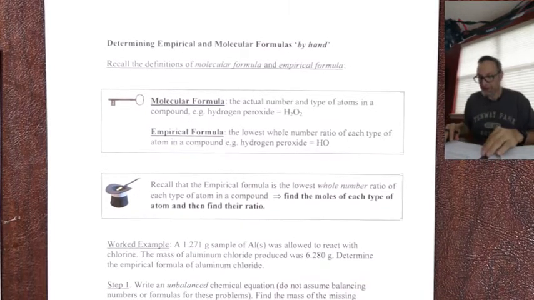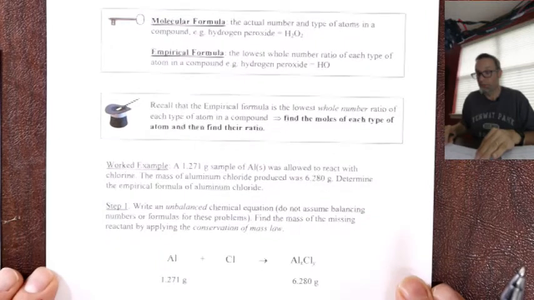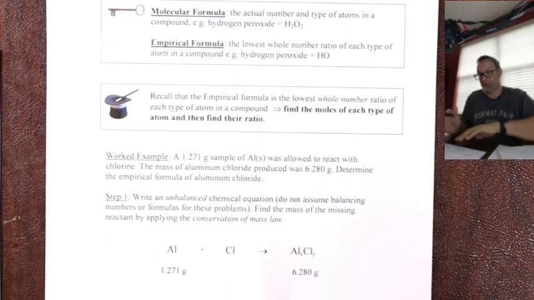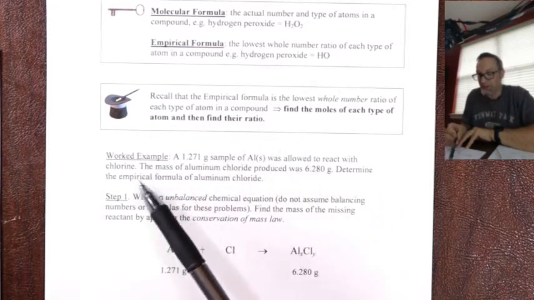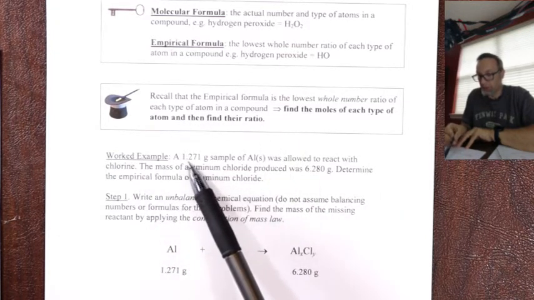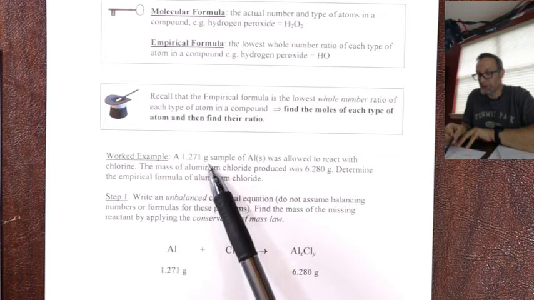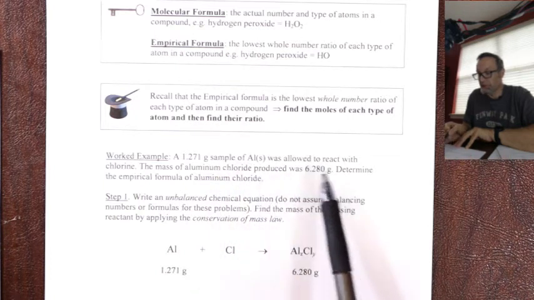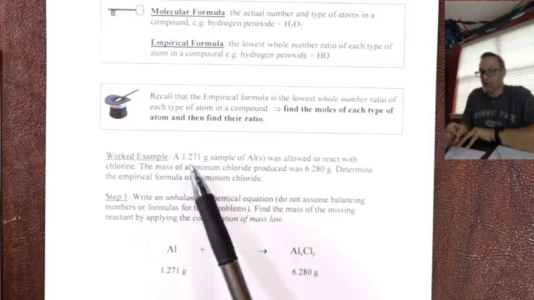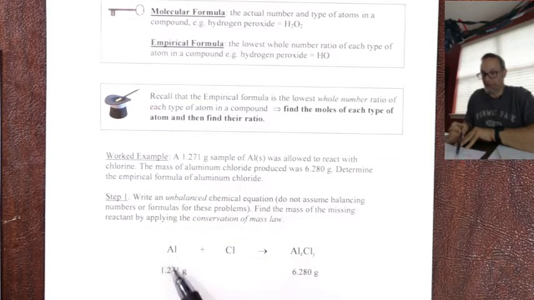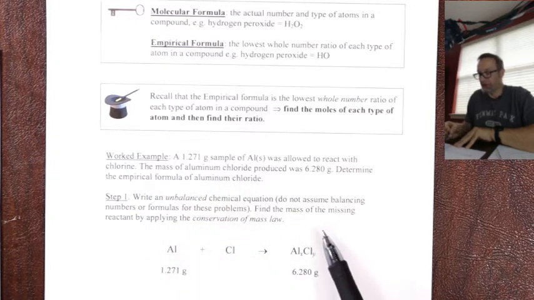So let's show you how that empirical thing works with a nice example. It's a classic. We have 1.271 grams of aluminum, and we essentially burn it with chlorine. So we have the mass of the reactant, and the mass of the product.